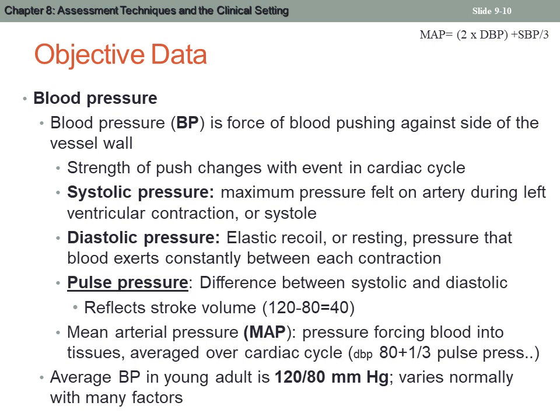They will mention the word MAP, mean arterial pressure. Now, generally, to get MAP would be two times the diastolic blood pressure plus systolic blood pressure. Divide that by 3, and you get the value of what mean arterial pressure is. Or you can say mean arterial pressure is the diastolic pressure plus 1/3 pulse pressure.